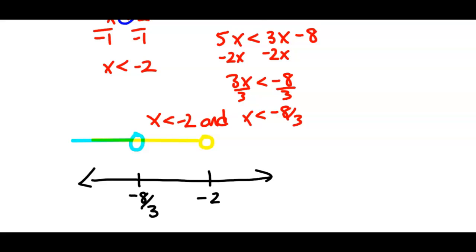Now it's an and statement, so both inequalities have to be true. So we're looking for our highlighter to have changed colors, to turn green. Well, it only turned green in this section here. So we're going to have an open point at negative 8 thirds, and we're going to shade to the left. Only that section where it turned green is going to come down onto the number line.